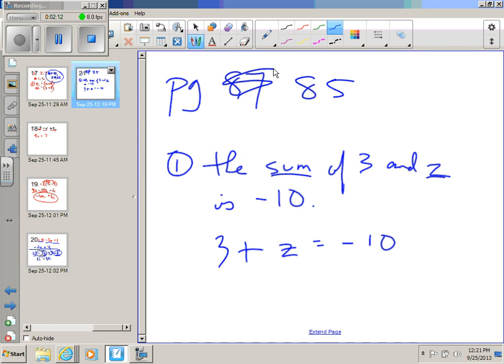Try 2. The quotient of m and 6 is 4. Now, that example 1, D, gives you an example of what the quotient equations look like.